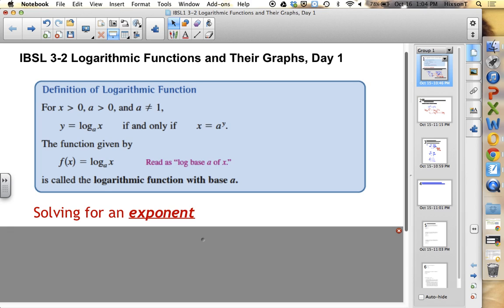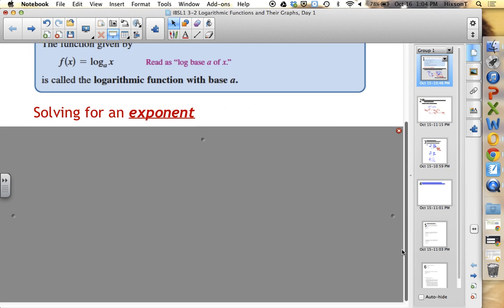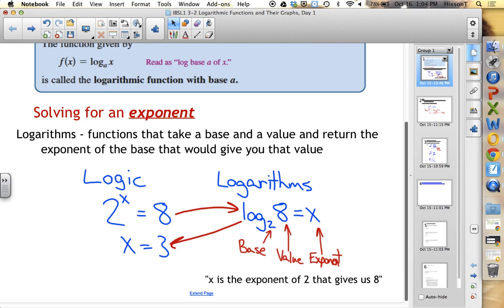Okay? So, let me give you a little bit clearer version of all of this. A logarithm is a function, and it takes two things. It takes a base, and it takes a value. And then it returns the exponent of the base that would give you that value.